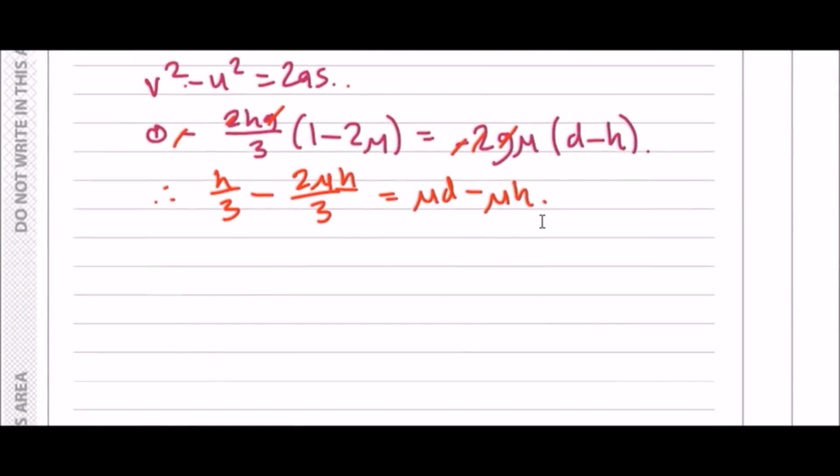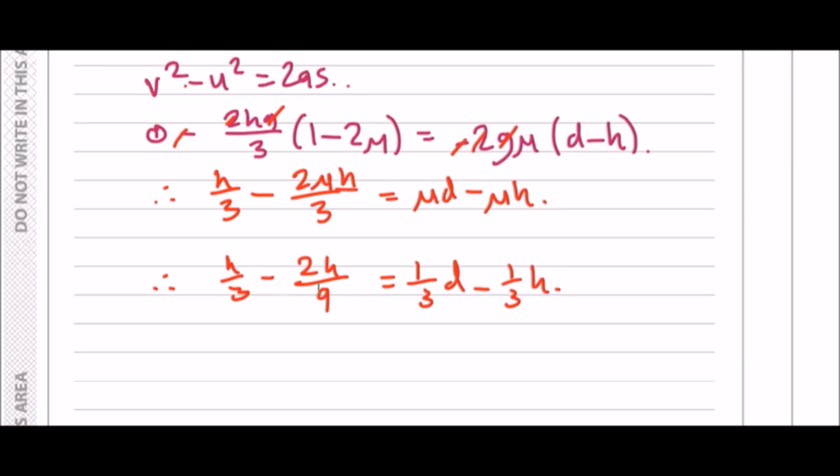That actually helps a lot. So given that mu is 1 over 3, let me just expand this right now. We're going to have h over 3 minus 2 times 1 over 3 over 3. So all that becomes 2h over 9 equals 1/3 of d minus 1/3 of h.